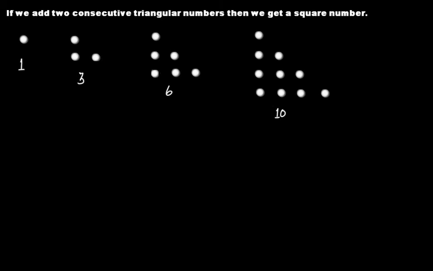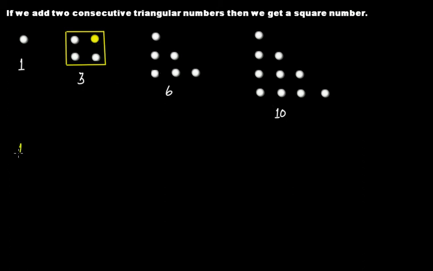So, if I take this dot and put it here, clearly we get a square. Two rows and two columns made with 4 different dots.